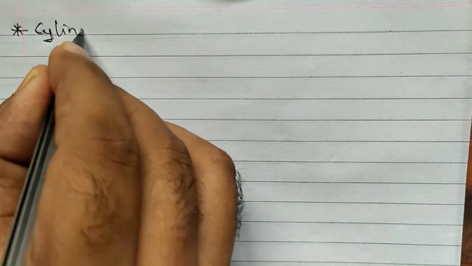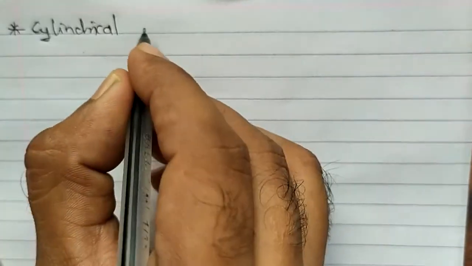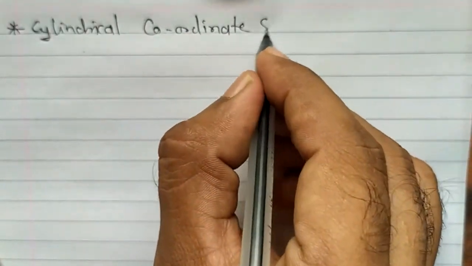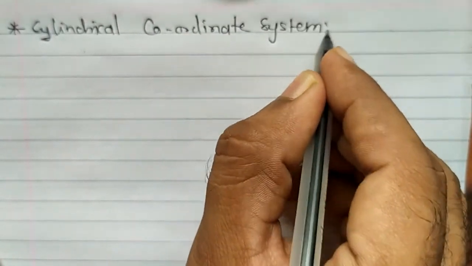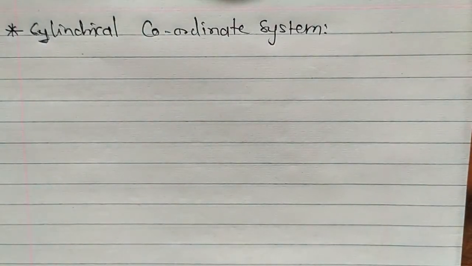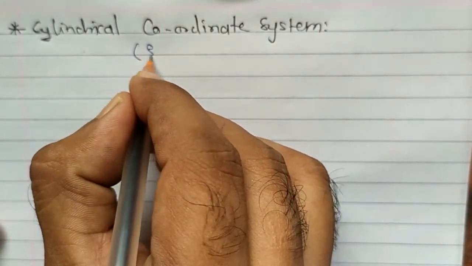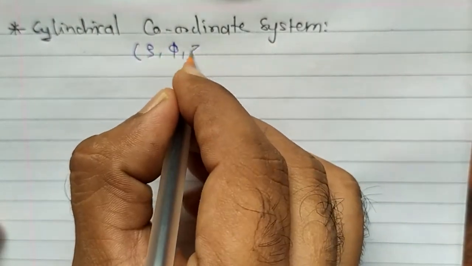So another spatial coordinate system is the cylindrical coordinate system. The coordinates of the cylindrical coordinate system are rho, phi and z.